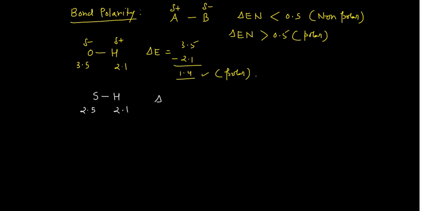If you take the difference, 2.5 minus 2.1 gives you 0.4. So this falls in the category which is less than 0.5. So it's a non-polar bond. With the help of this concept of electronegativity difference, you can actually decide whether the bond is polar or not.